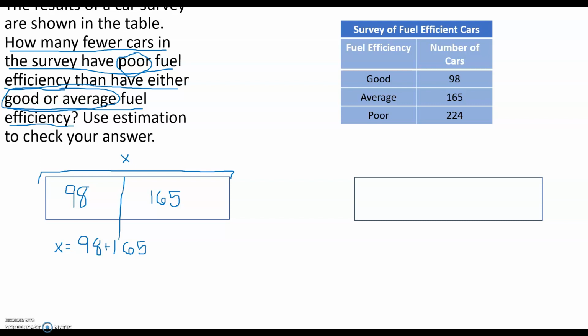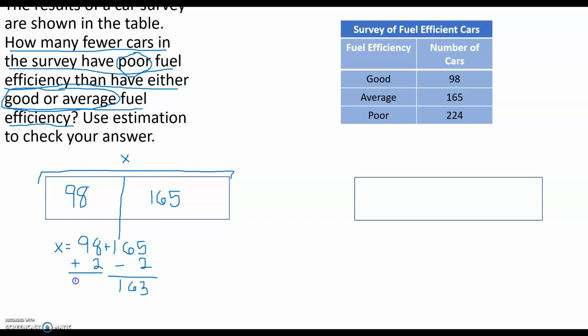Now, you can choose to add these any way you want. I'm going to use a mental math strategy where I make easier numbers. So I know that 98 is 2 away from 100. I'm going to take 2 away from 165 and make it 163. And then I'll give that 2 to 98. And again, you can choose to add these numbers however you want.